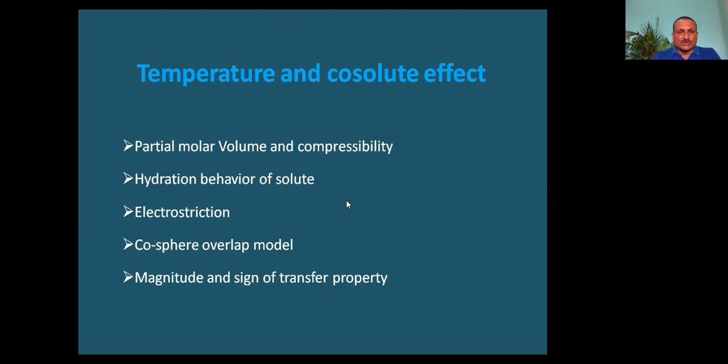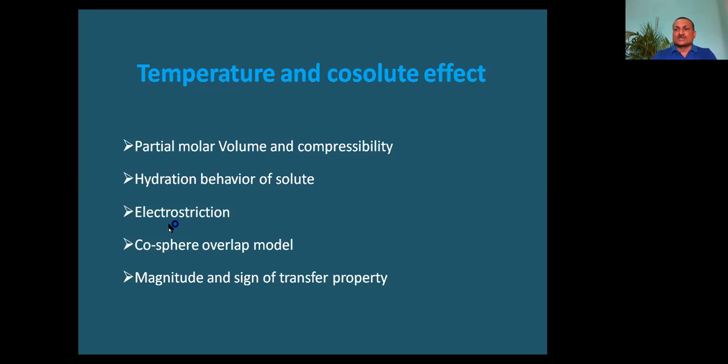When we increase the temperature of the solution, then because of thermal agitation, the water molecules from the second, outer hydration cell of the solute get released into the bulk water. In this way, the release of solvent molecules from the hydration cell of the solute takes place, and therefore there is an increase in the partial molar volume and compressibility. The solution becomes more compressible, its volume is increased and the solution becomes more compressible.